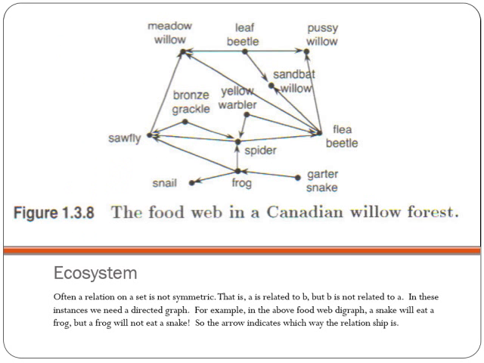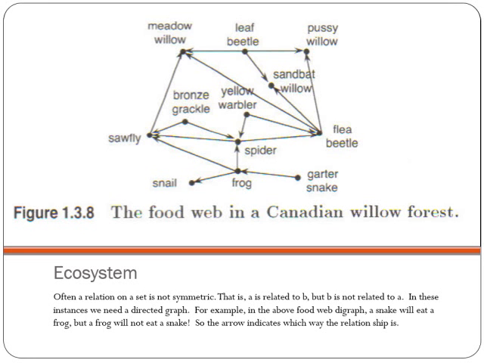Our first example is the ecosystem digraph. In this example, there is a directed edge from animal 1 to animal 2 if animal 1 will consume animal 2.